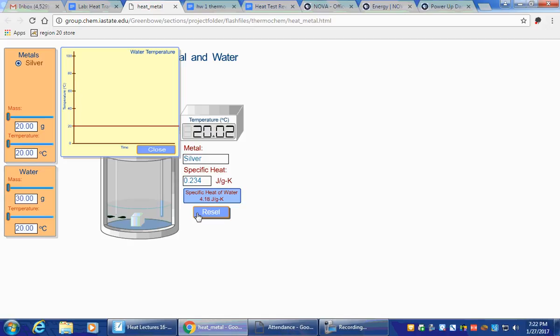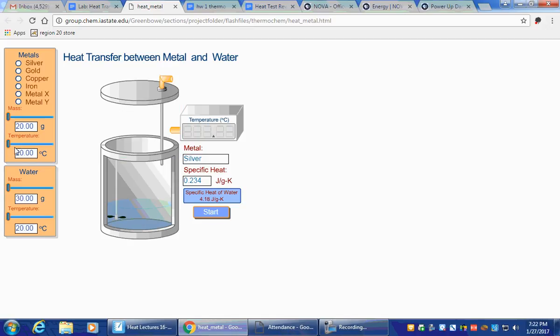So let's go ahead and reset this. So let's say that the temperature of the silver this time is 220, and I believe this is actually your first data point. So the temperature is 220 degrees Celsius, and the mass is 120 grams. The specific heat of water, or the C of water, is always going to be 4.18 joules per gram Kelvin.